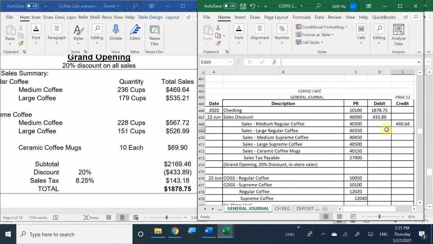Our regular large coffee sales was $535.21. Our supreme medium coffee was $567.72. Our supreme large coffee was $526.99. We sold 10 mugs again for $69.90. And we owe Uncle Sam his cut of $143.18.